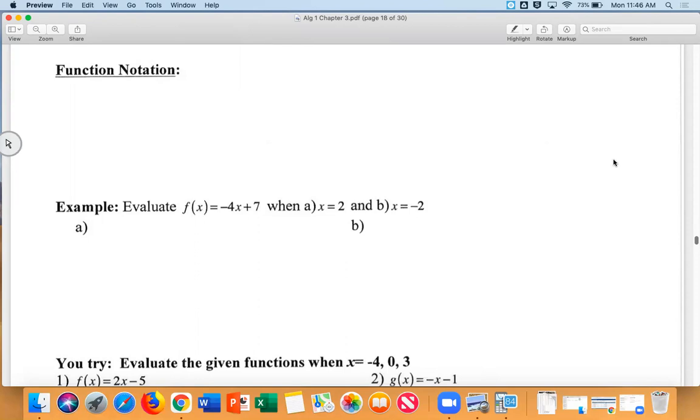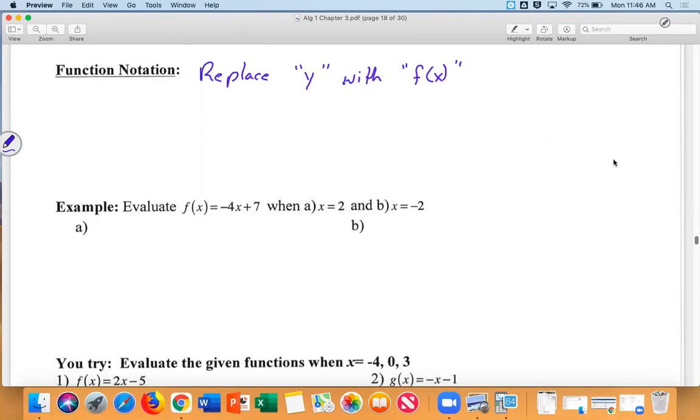So function notation is really replacing the Y with this, F of X. Now, the difference is they want to streamline everything because why do we need more variables, right?